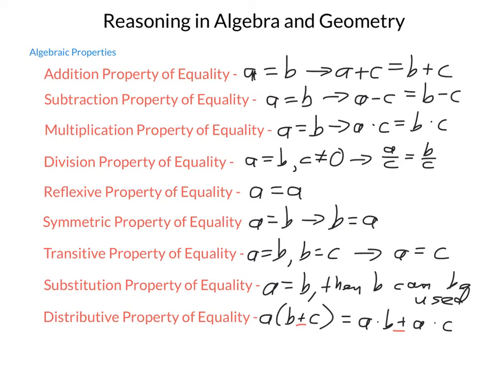And again, remembering our symmetric property, that equal sign works both ways. If I have an item that's commonly distributed across a set, I can factor it out and still have an equivalent expression.